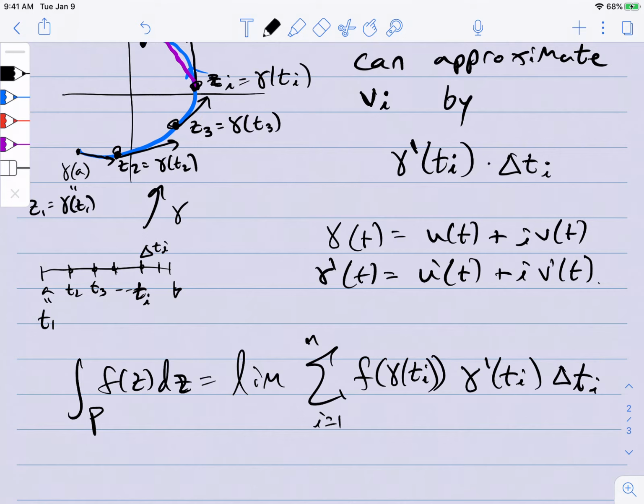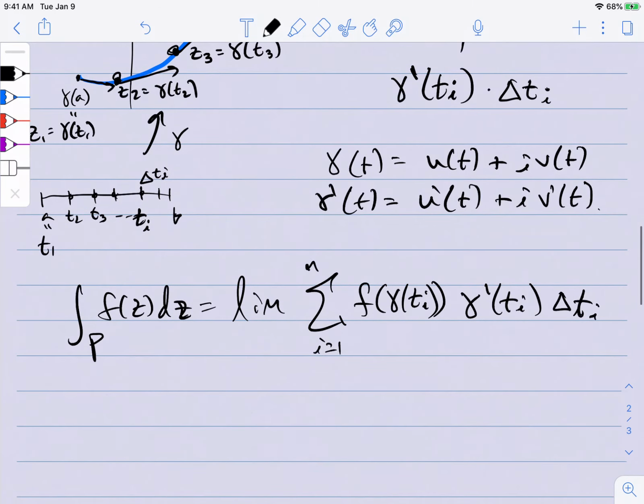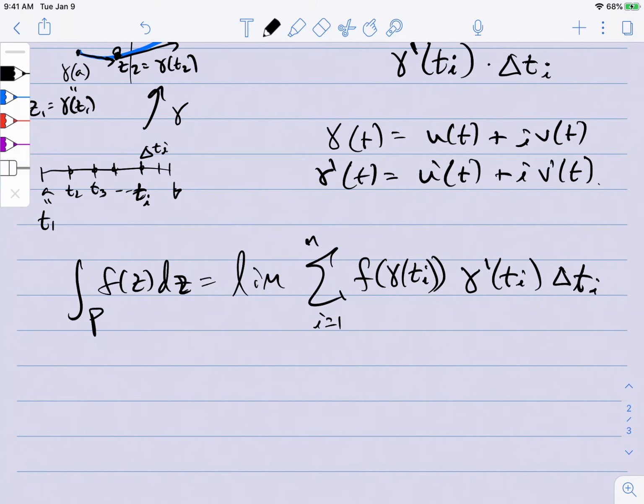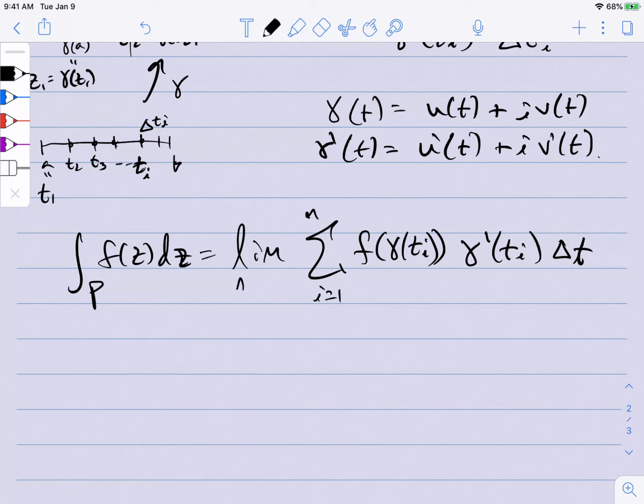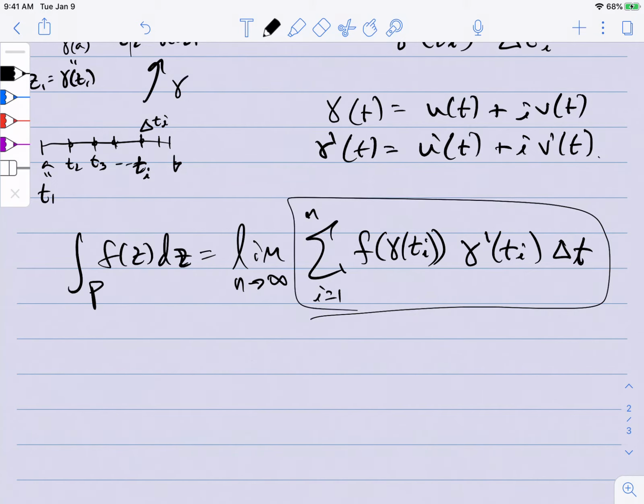If all the intervals were the same length, that would just be delta t. So maybe we assume they are all the same length. Then that's a delta t. We take the limit as n goes to infinity. And this now is something we can make sense of just using our knowledge of real calculus.